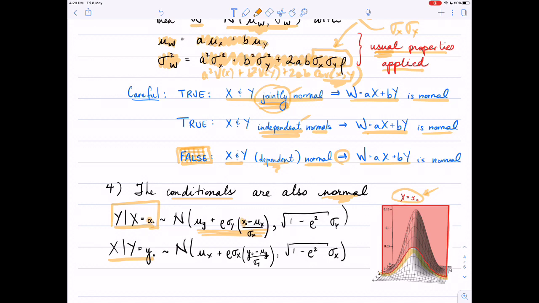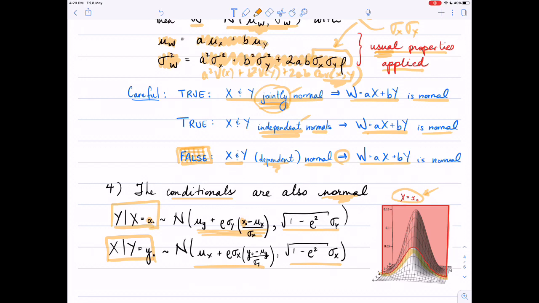And the standard deviation, the square root of 1 minus rho squared, times sigma sub Y. Analogous thing for the other conditional, for the other way around. Right, so everything has changed. It's perfectly symmetric here. You can read what those are. They are toothsome, right?